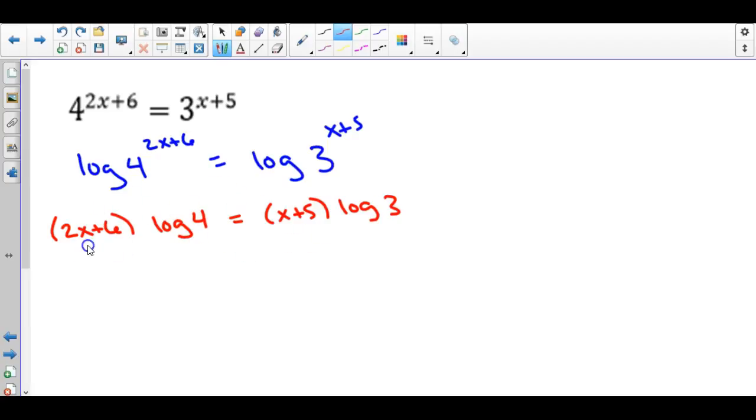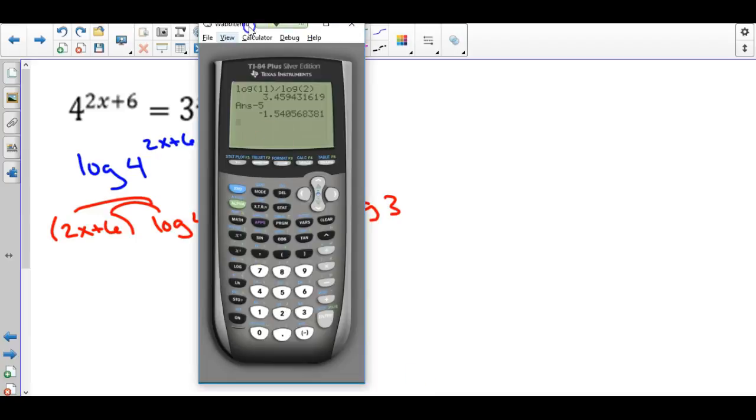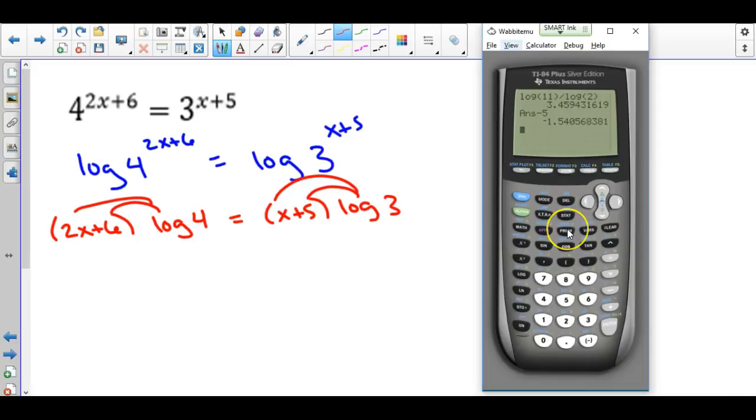Now this is where I am actually going to distribute. So instead of dividing both sides, which we could do, what I'm going to do first is distribute on both of these sides. And by distributing that value, what I'm going to do is go to my calculator and take this log 4 and this log 3, and figure out what the decimal value is of those, and then I can distribute that.